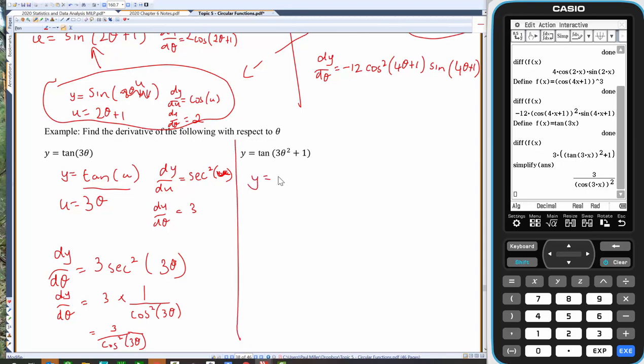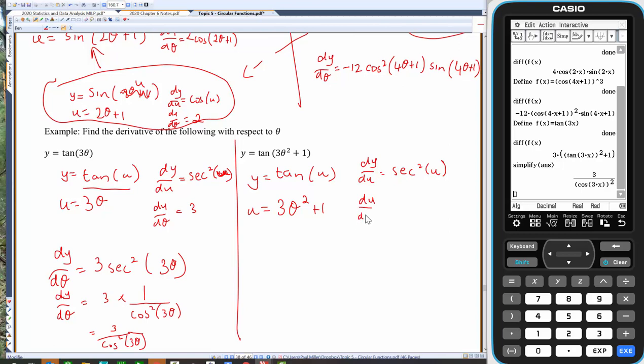y equals tan of u, where u is equal to 3 theta squared plus 1. All right, let's get the derivative of tan of u. So dy du equals, did it again, secant u all squared.